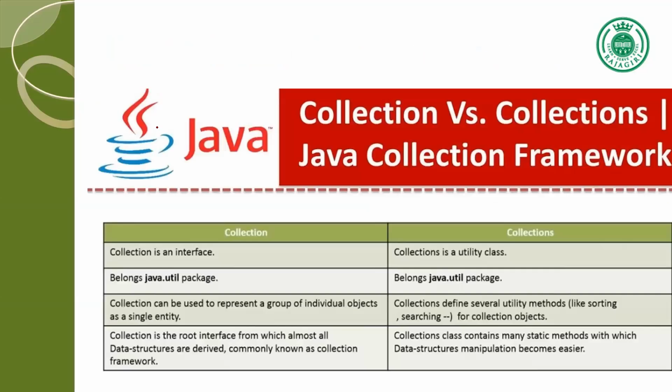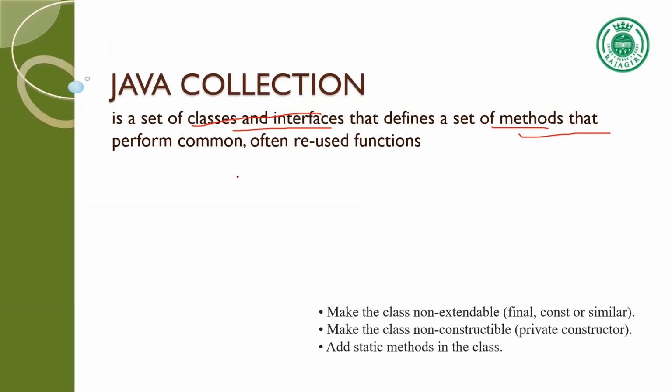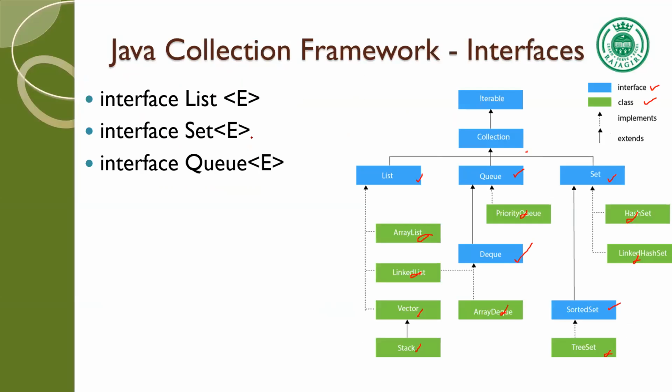So I'll go back to my definition once again. Java Collection is a set of classes and interfaces. Hope this picture makes things clear. Java Collection is a combination of both classes, which are denoted in green, and interfaces, which I have denoted in blue.